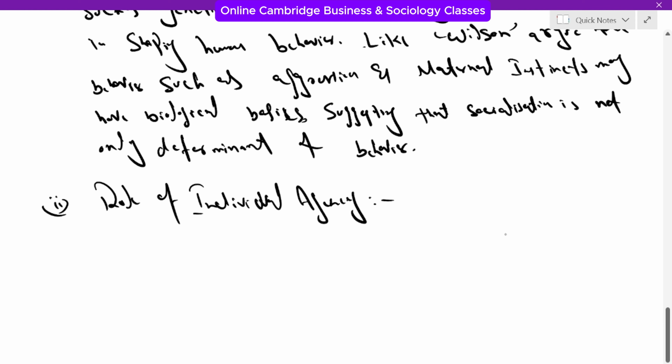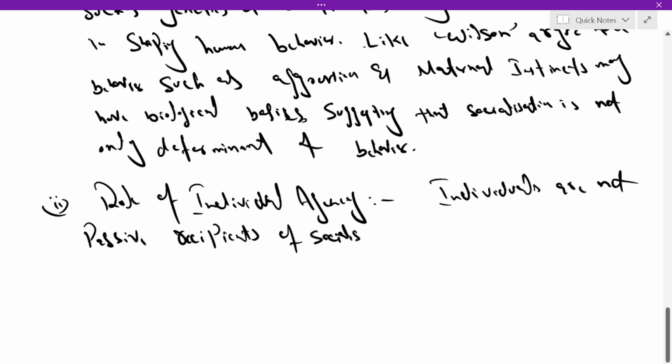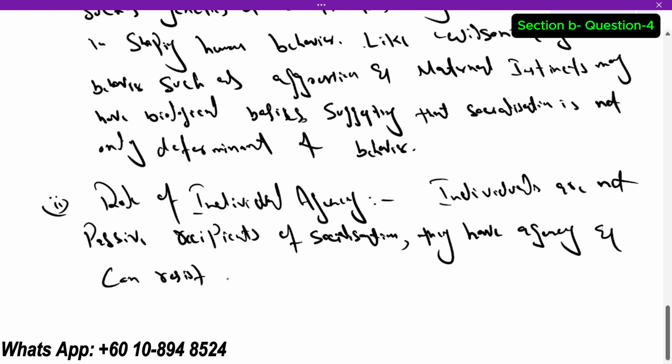So you might say individuals are not passive recipients of socialization. They have agency and can resist social norms.